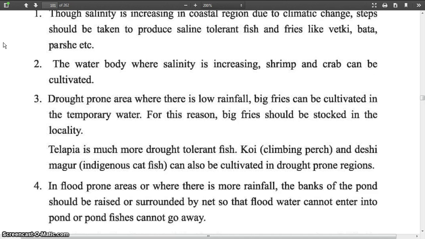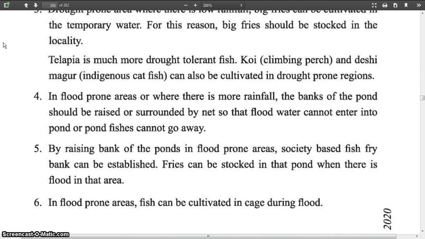Number 4 technique is, in flood prone areas or where there is more rainfall, the banks of the pond should be raised or surrounded by net so that flood water can enter the pond but pond fishes cannot go away. Some areas of Bangladesh are highly rain affected, flood affected.